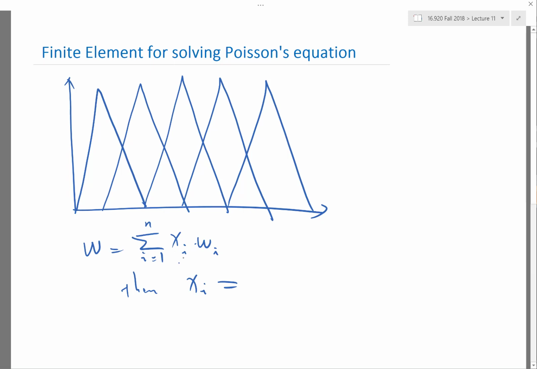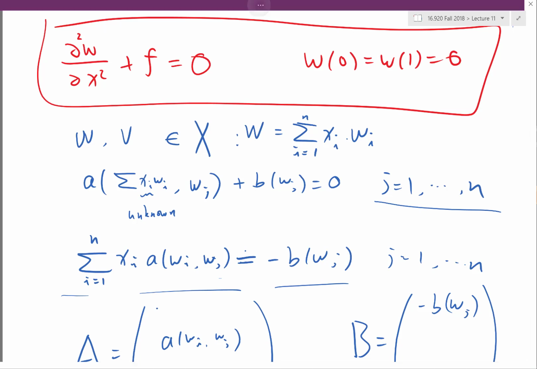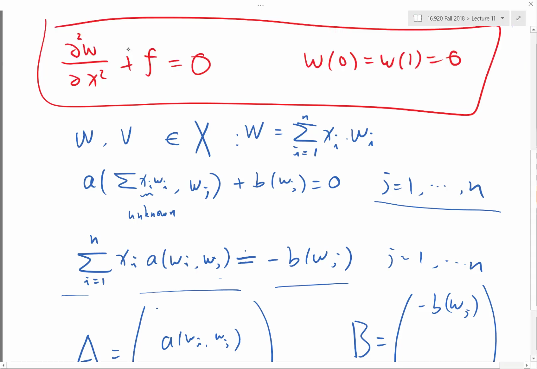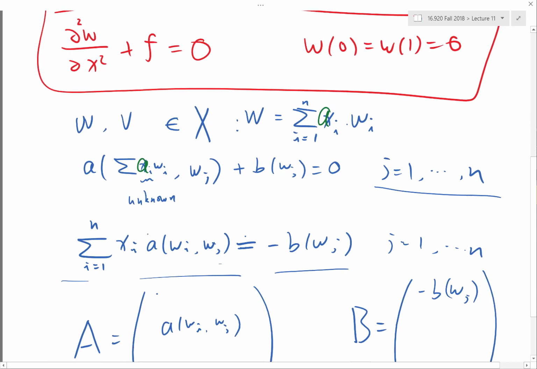They are not the grid points. Basically, xi would be the value of the function at a particular point. Can I just change the notation? Instead of saying it's a linear combination coefficient x, let's change it to maybe a. I used a before.